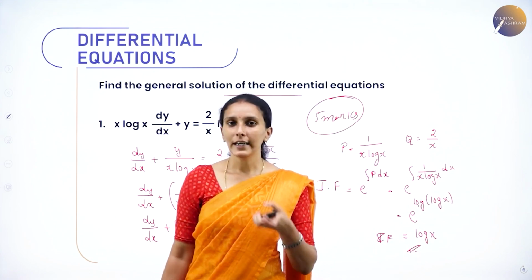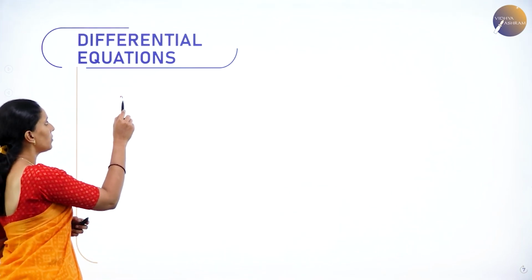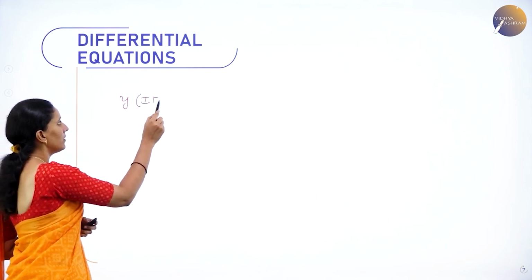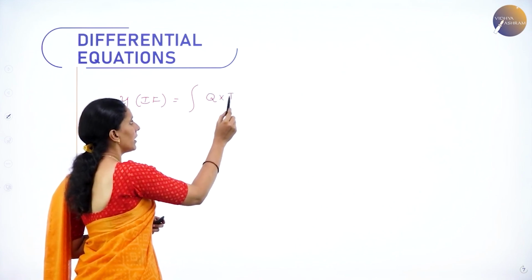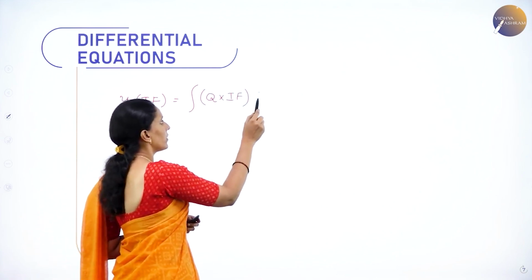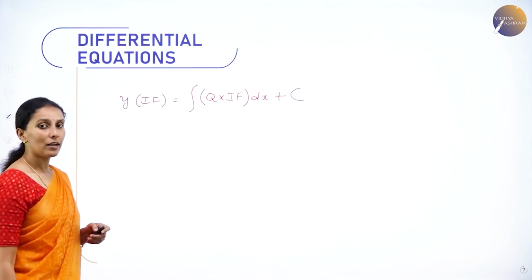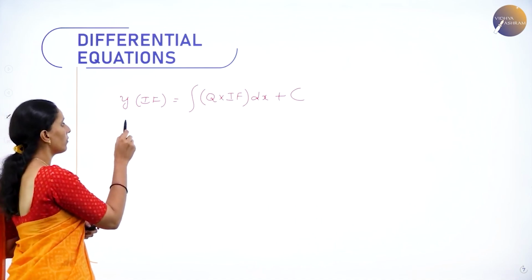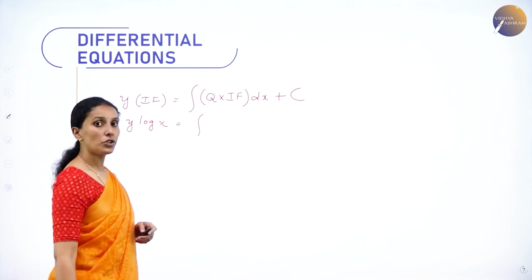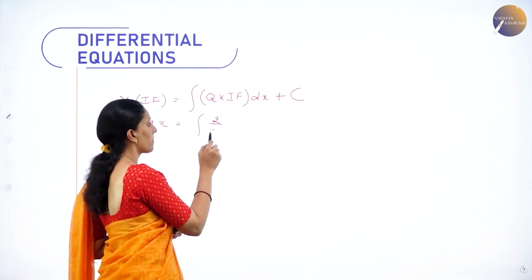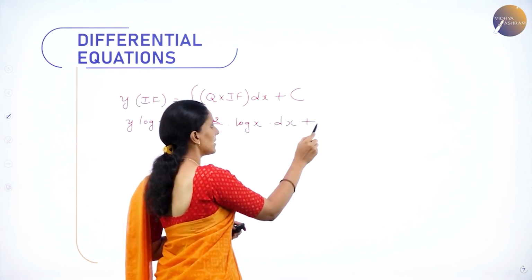So once you got the integral factor, then you have to write the solution in the form y into integral factor is equal to integral of q into integral factor with respect to x plus integration constant. So what is my integral factor? It is log x. So therefore it is y log x equals integral of, what is q I got? 2 by x log x with respect to dx plus c.